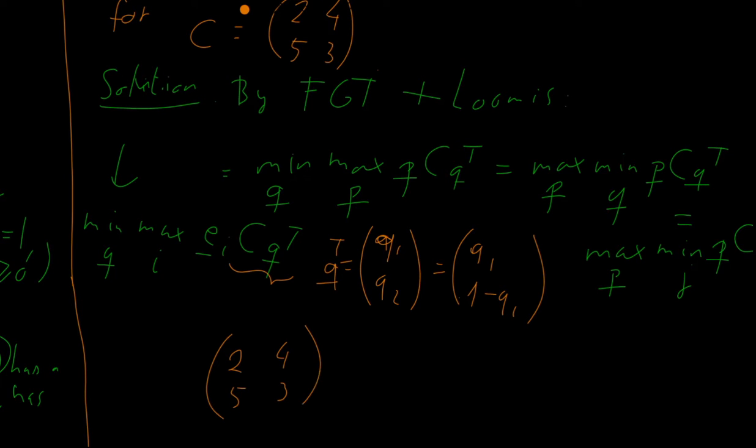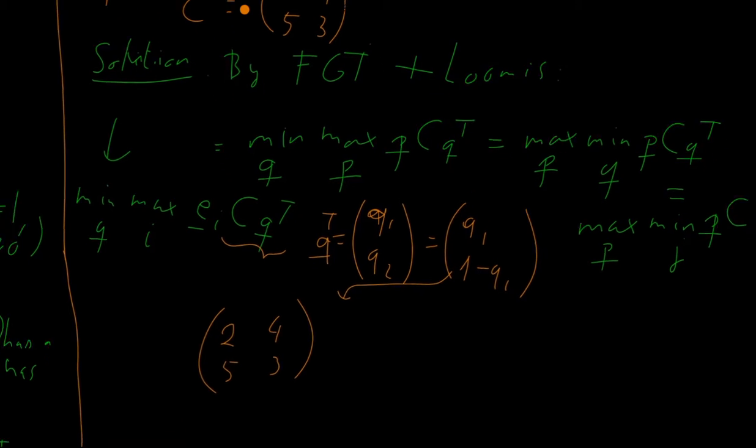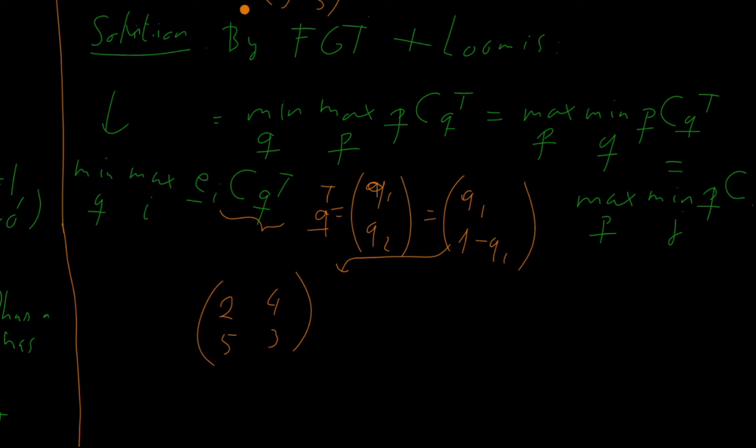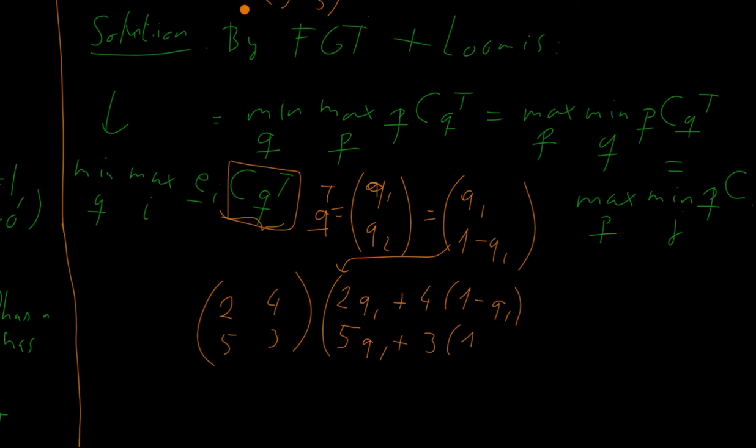And if I just multiply it with this vector, so I'm just computing this part of the expression, this is always how we do this. This will be 2 times Q1 plus 4 times 1 minus Q1, and for the other it will be 5 times Q1 plus 3 times 1 minus Q1.